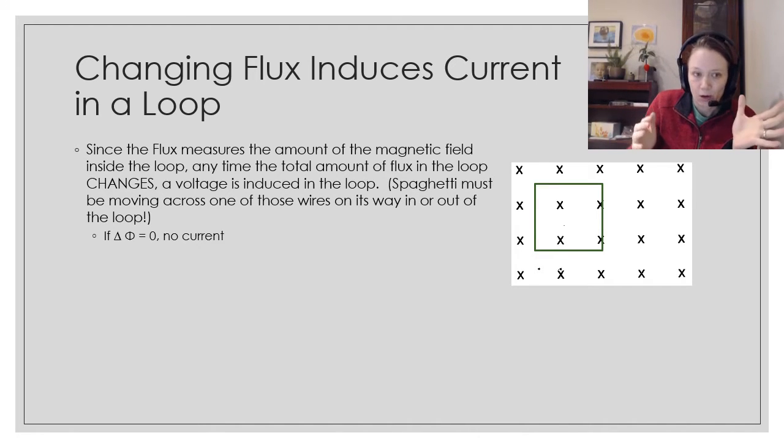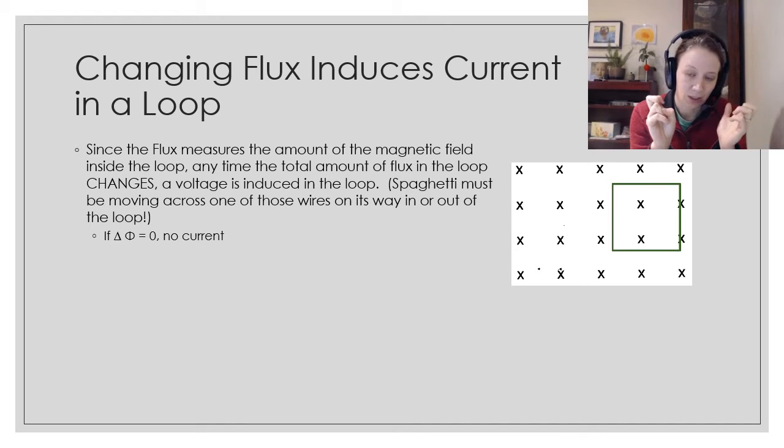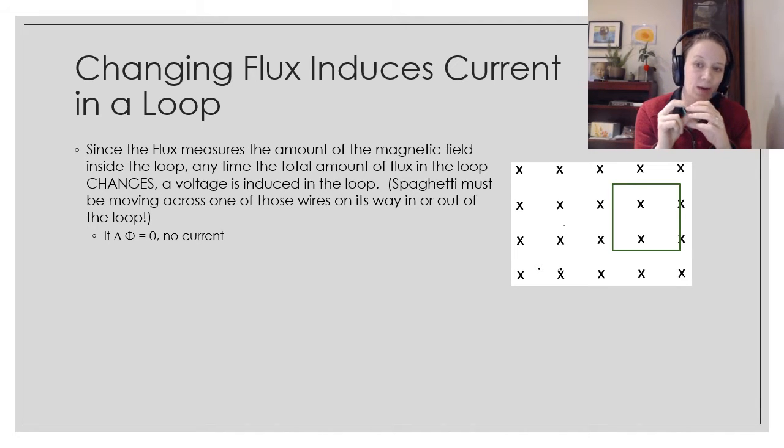On the flip side of the coin, if the flux is not changing, we have no current. And that's the example we actually did in class the other day, right? So that wire's moving, spaghetti is technically being chopped, but the flux isn't changing because the amount of spaghetti that's passing through that loop is the same at position 1 as it was at position 2. And that tells me that we actually have no current going through that wire.